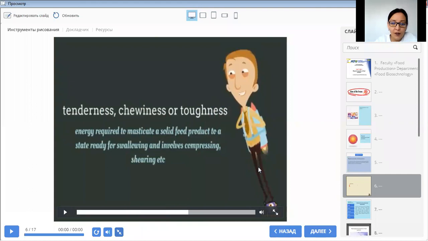Tenderness, chewiness, and toughness of the food product is the energy required to masticate a solid food product to a state ready for swallowing, and involves compressing, shearing, and etc.